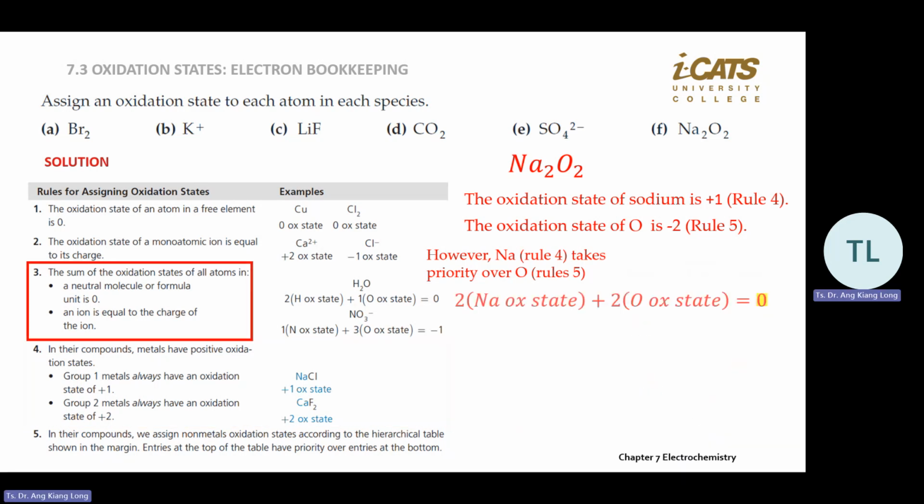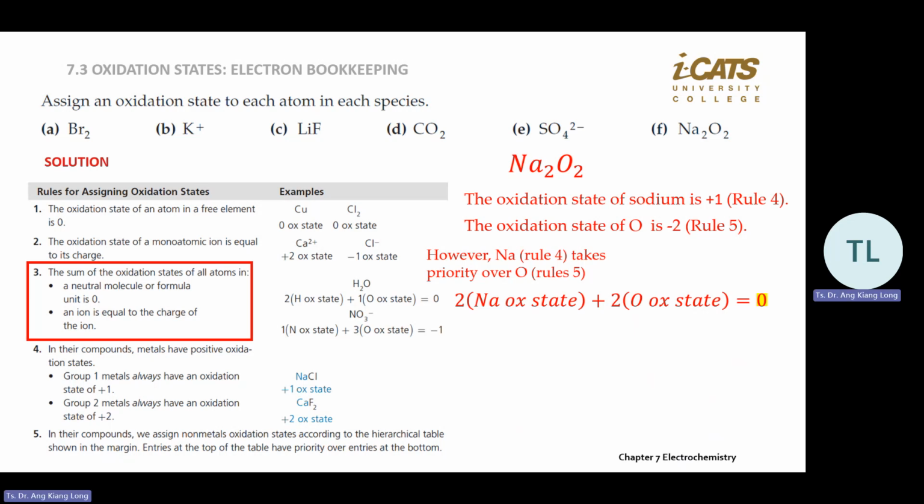So when you do this, you still need to write the oxidation equation. If you see 2 atoms, Na2 means 2 atoms of Na. You write 2 bracket Na OX state. You can write the full name of oxidation state if you want, but if you only write OX state, I will give you the correct answer. Plus 2 bracket O OX state, because in the equation you have 2 oxygen atoms, equals 0 because it is a neutral molecule.